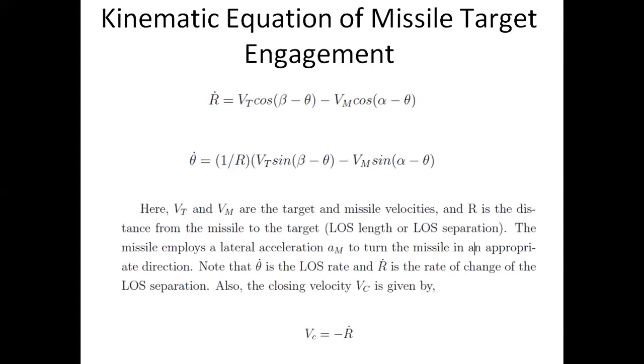We need to integrate with respect to time to get the values. So I am inviting you to the next section, the remaining part of the lecture. Quickly join there. We'll discuss the pure pursuit guidance equation as an example because that is the easiest method to derive the kinematic equations.